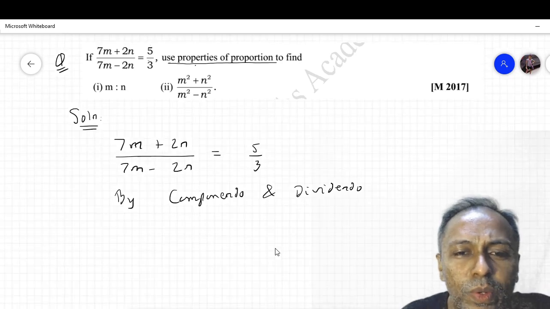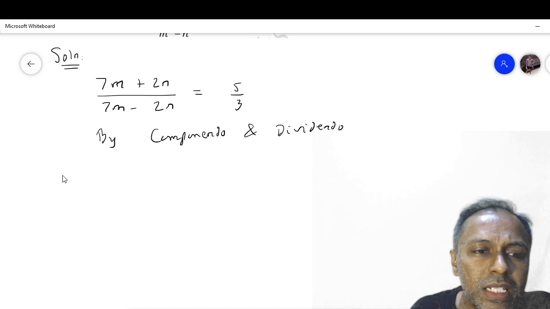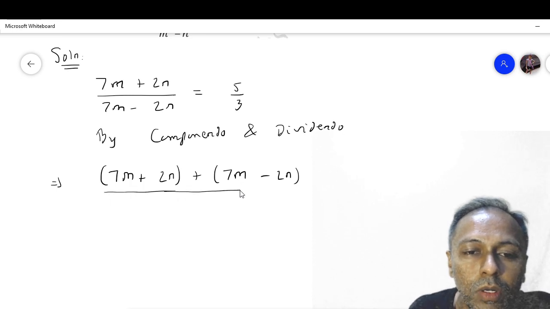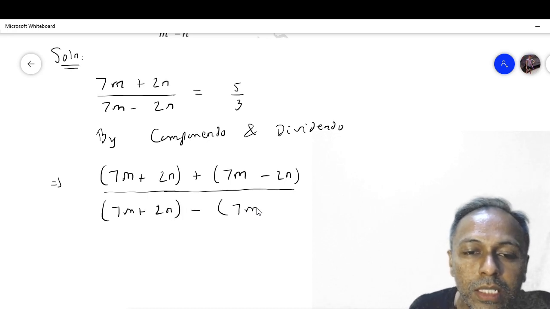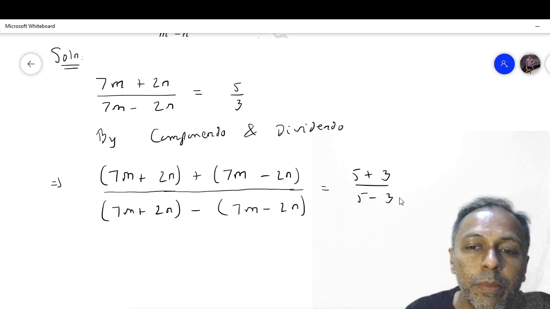Though on the right hand side there is no hint like that, the left hand side will decide, and you will have to apply it on the right hand side automatically. So it will become (7m plus 2n) plus (7m minus 2n) upon, don't forget that you have to start with the numerator, (7m plus 2n), put a minus sign, (7m minus 2n), ensure that you make brackets because here minus of minus will become plus, is equal to 5 plus 3 upon 5 minus 3.